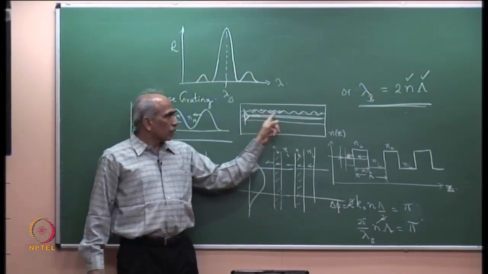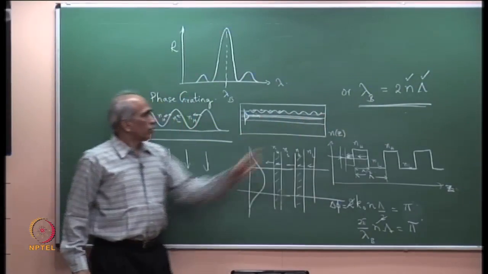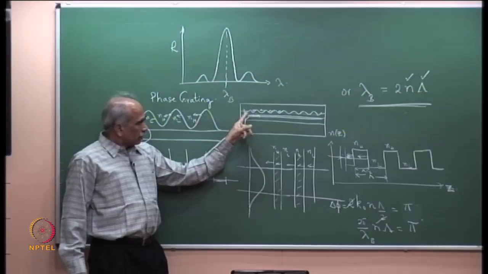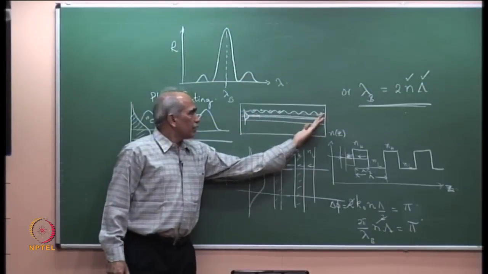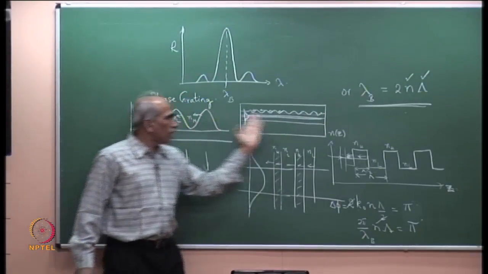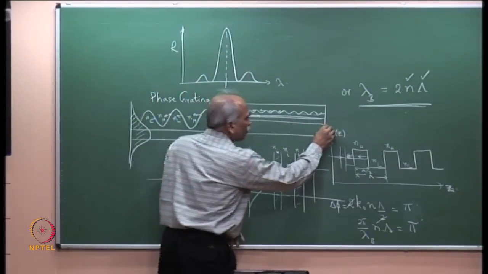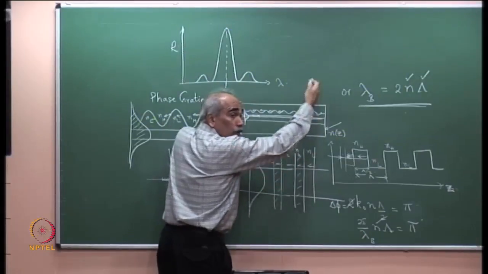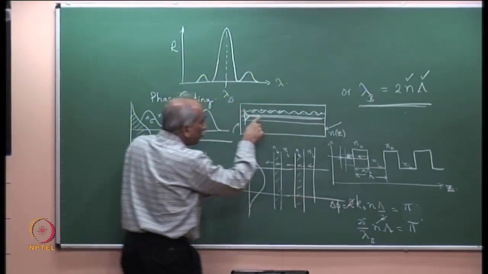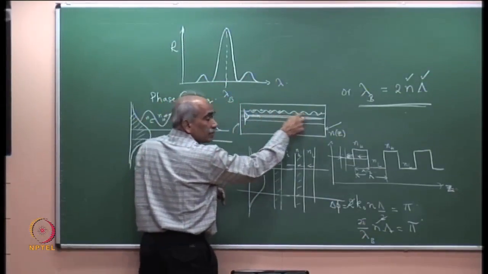Therefore, it is corrugated in the cladding. Second, the periodic structure gives continuous feedback all along the length. The ends are anti-reflection coated, so that there is no reflection coming from them. Reflection is only by the grating.